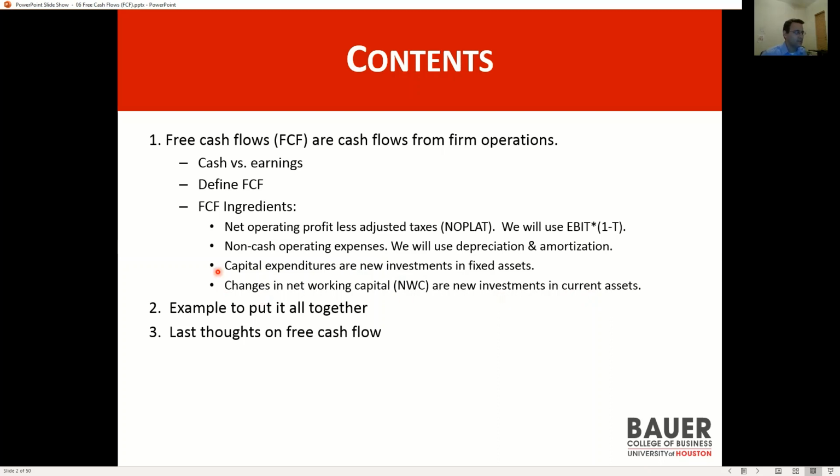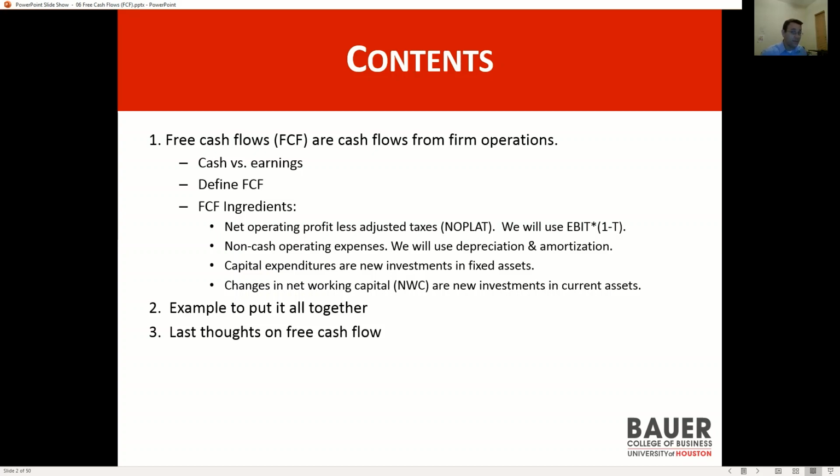Why do we need to make this adjustment? Well, your profit is revenues minus expenses. If you invest in new assets, if you're buying new assets, that doesn't show up in your profit right away. It shows up in your profit over a long period of time when you depreciate the asset, for example, or when you generate revenue from those assets.